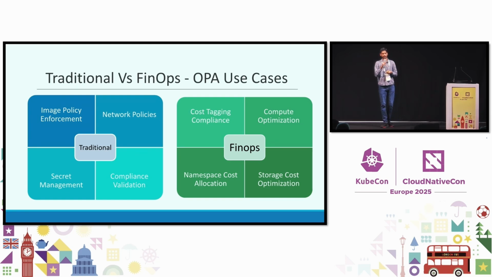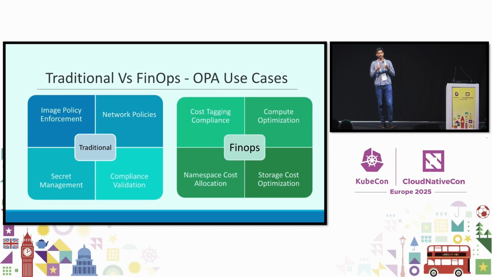So this is a traditional approach. Most of the people here might be using it. For example, image policy enforcement: in this case you want to restrict which image registry can be used. You don't want people to use docker.io, gcr.io or public registries; you want people to use private registries.